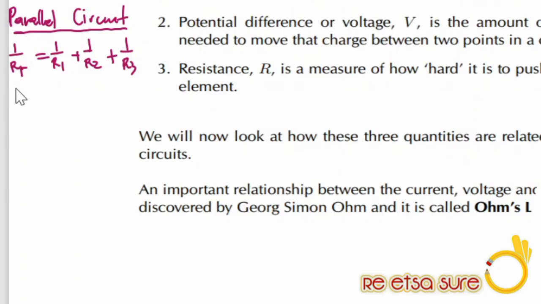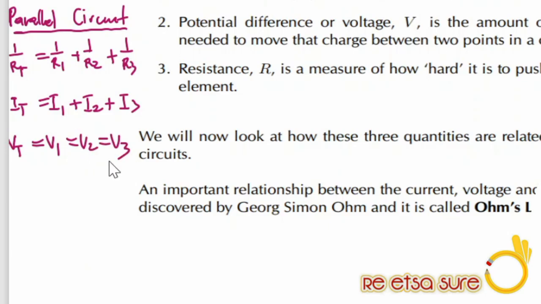In terms of I total, it is equal to I1 plus I2 plus I3. And then in terms of V total, it is equal to V1, which is equal to V2, which is equal to V3.